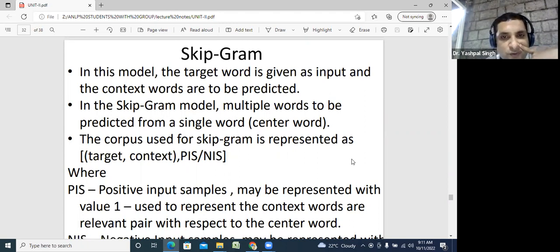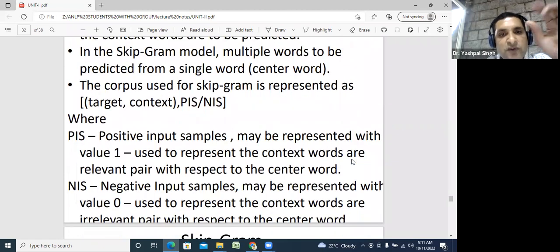The corpus used for skip gram is represented as target, context, and PIS and NIS. What is PIS here? PIS are the positive input samples, represented with the value 1, and they are used to represent relevant context word pairs with respect to the center word. The input is the single word, and with the help of the single word we get the different outputs.